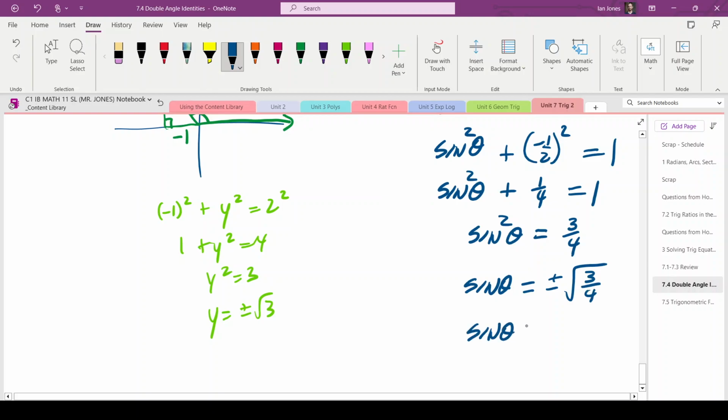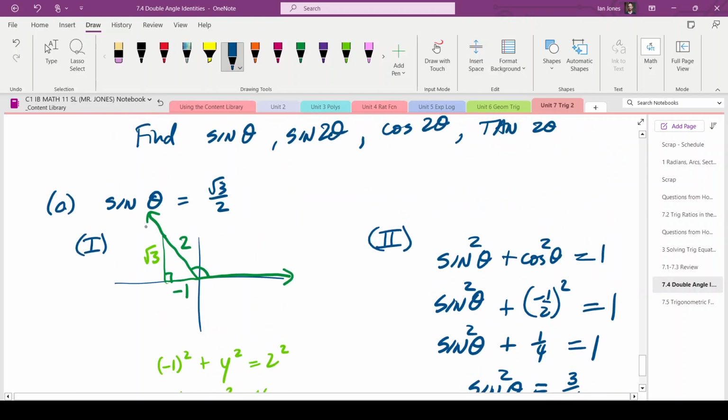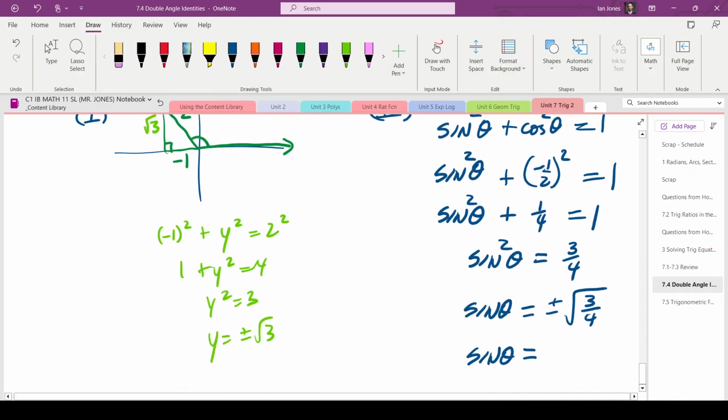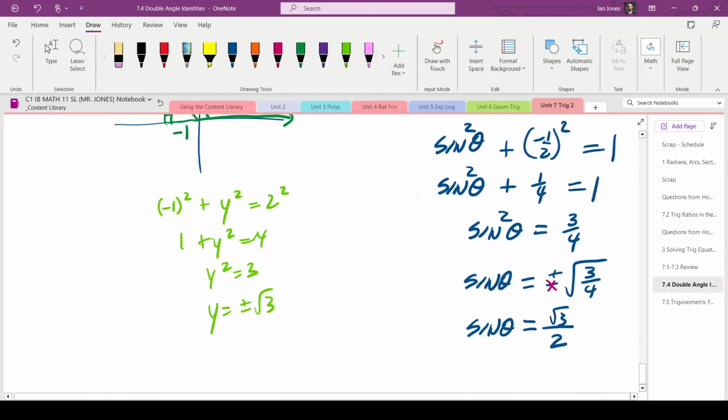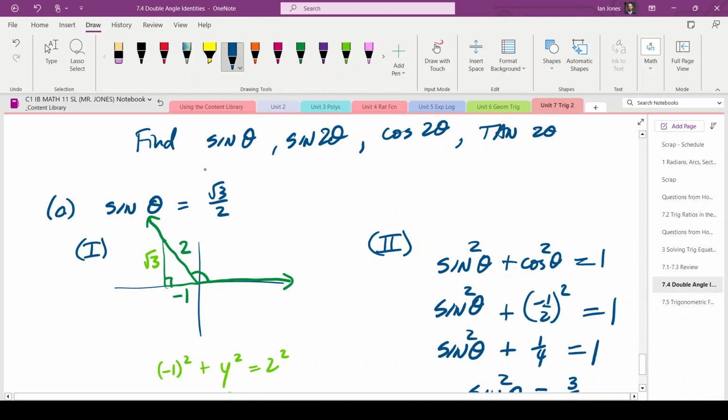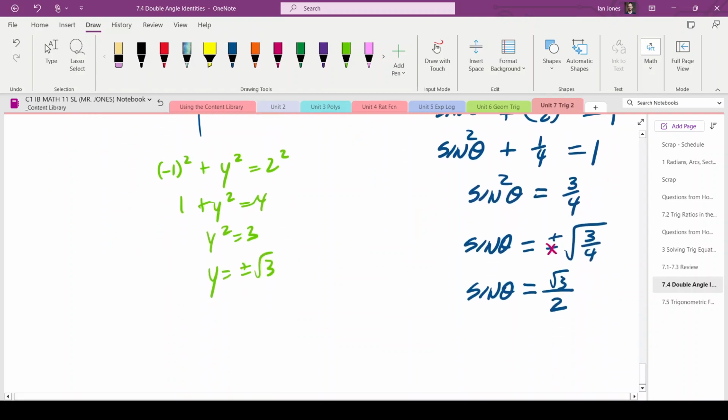Now I'm going to break that up. I know that sine theta has to be positive because I'm in this quadrant here, so I can ignore the minus. I'll square root the 3 and square root the 4, so I have the square root of 3 over the square root of 4, which is 2. So that gives me sine theta is root 3 over 2, which is exactly what we have right here. Two different ways to do it. Okay, B, sine of 2 theta.